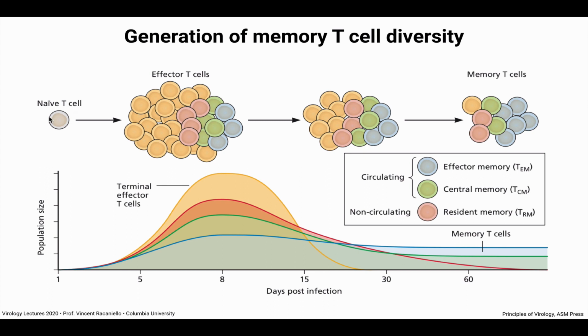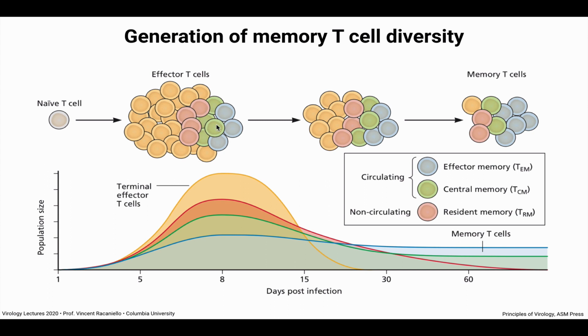You have amplification from a naive T cell, which encounters the antigen in a lymph node. It's amplified to form a number of T cell types. And so you have effector T cells, those are the orange ones, which are going to do something. They could be CTLs, for example. So they expand and they go and they kill virus-infected cells.